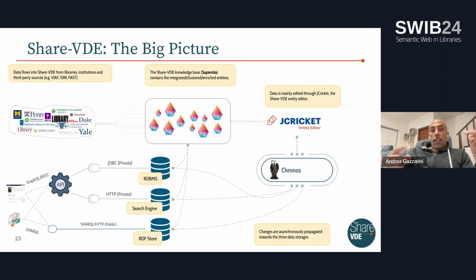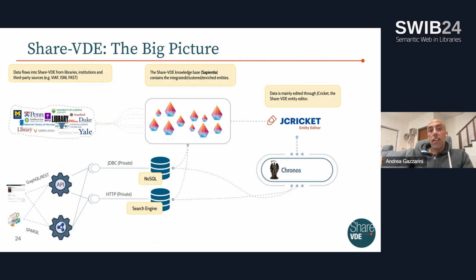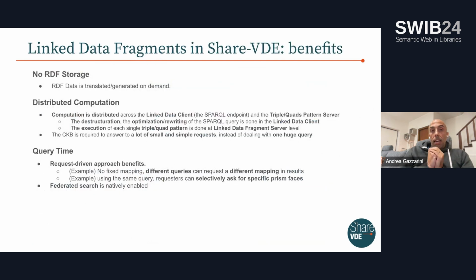So coming back to the previous high-level architecture, with the introduction of linked data fragments, we have basically removed that part. We no longer need any RDF store. That's the first point: no RDF storage.